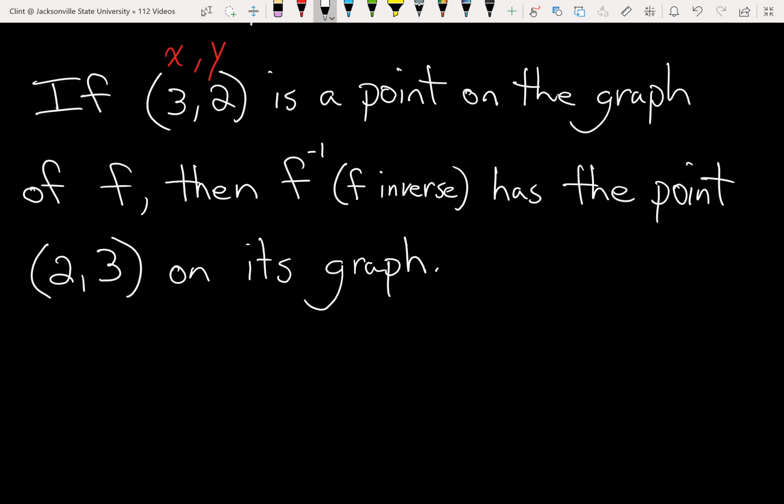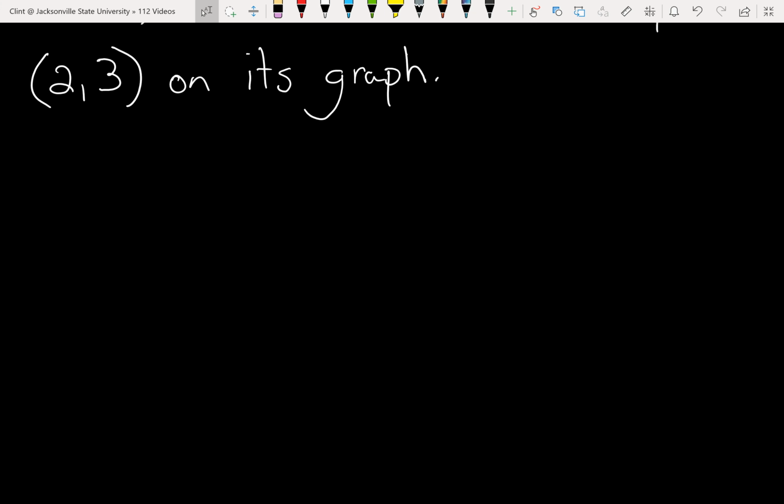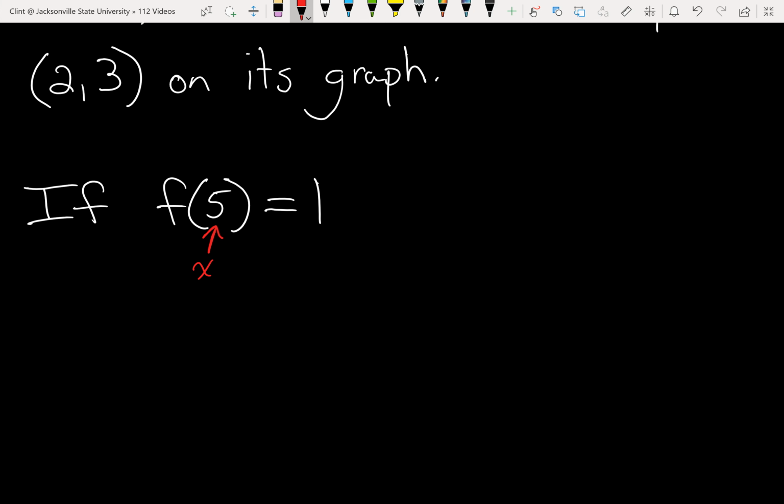Another way of writing the same idea is we could say if f of 5 equals 1, then remember this is our input, so this is x, and this is y, our output.